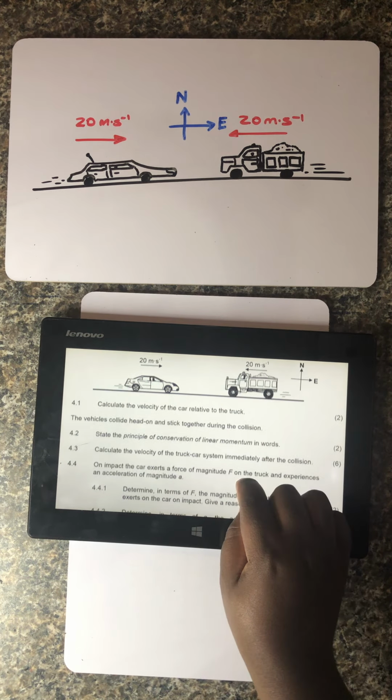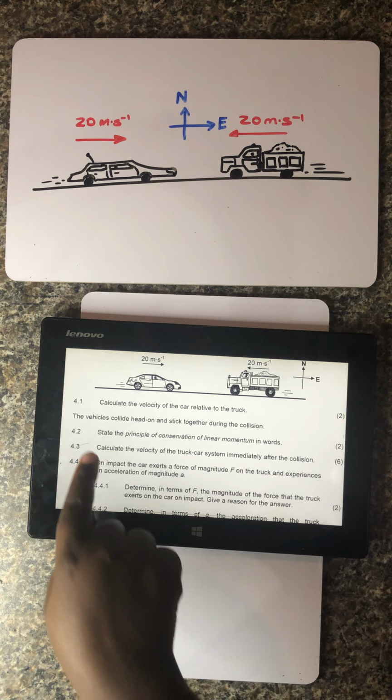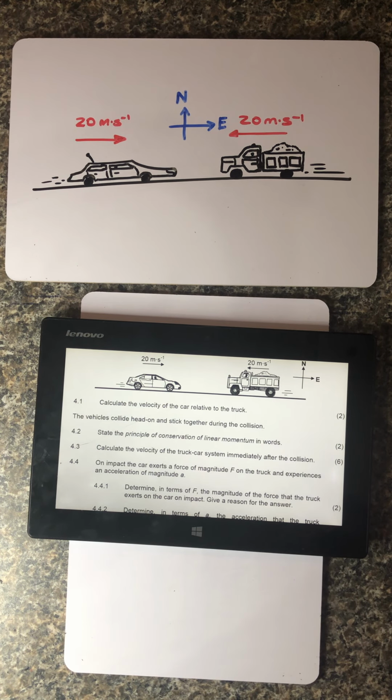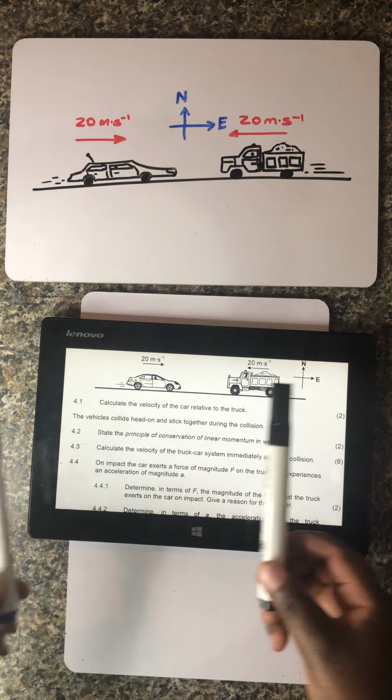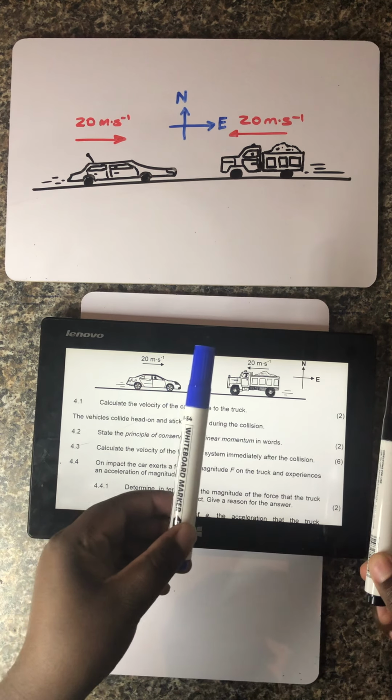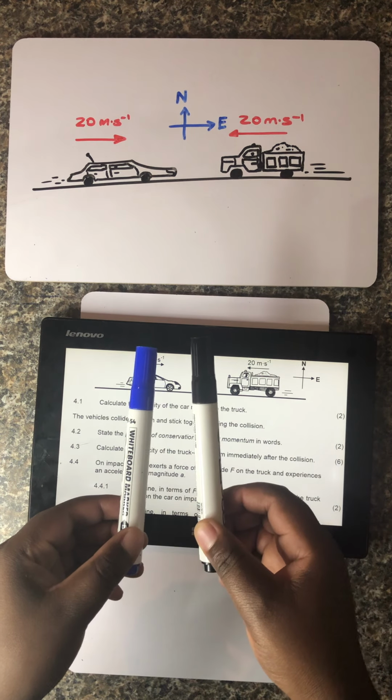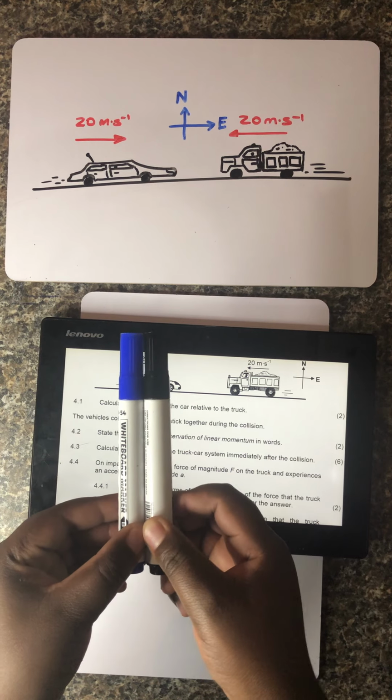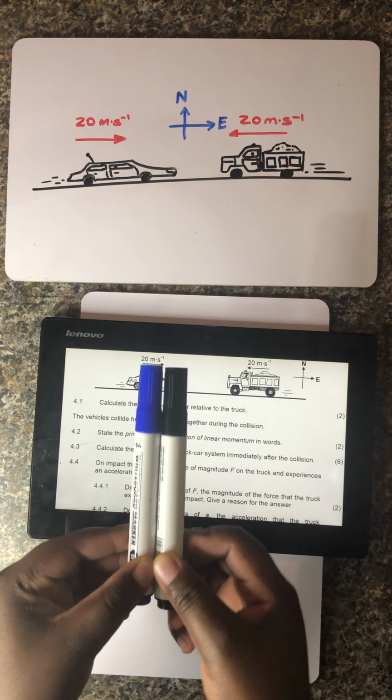Ladies and gentlemen, let's now move to question 4.2. There's a mini statement given there which says the vehicles collide head on and stick together during the collision. That means it's moving at 20, it's moving at 20, they collide head on and move together.